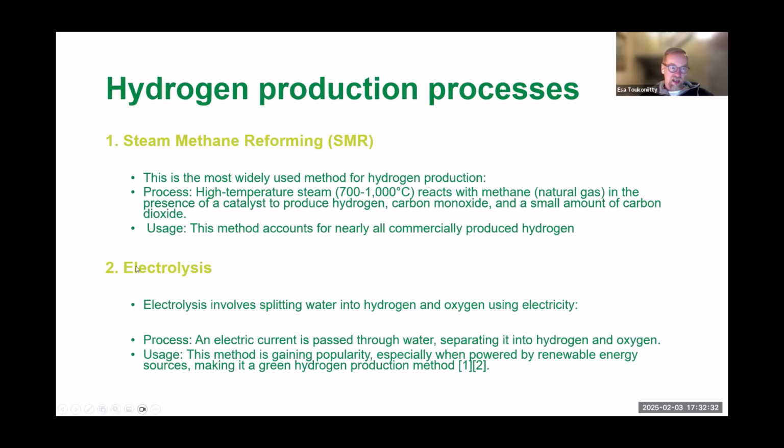And this is the key to the so-called green hydrogen that we have talked about a lot during this course. So we use renewable energy and electrolyze water to make hydrogen.